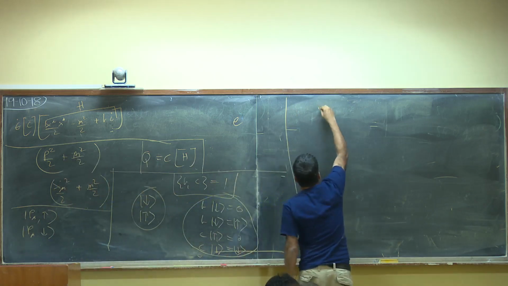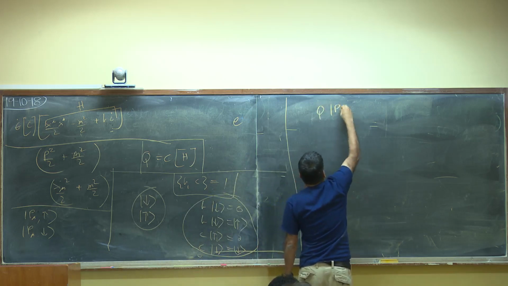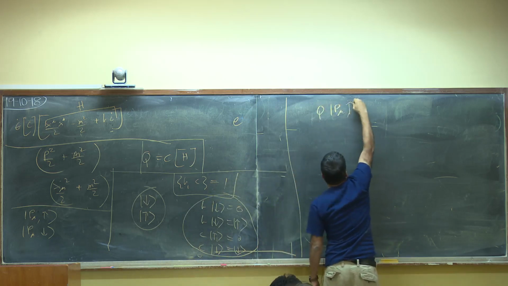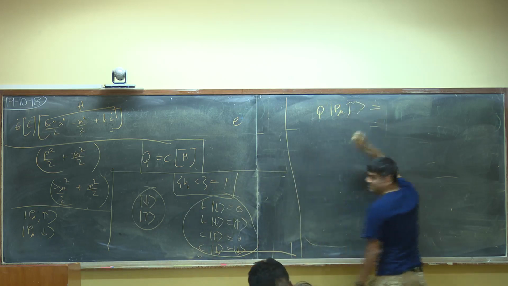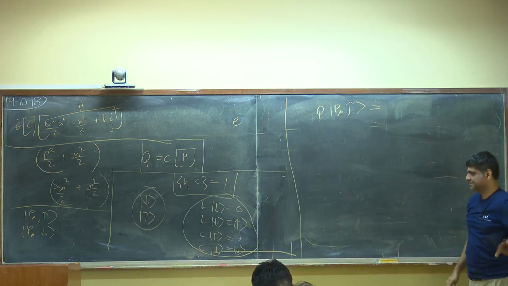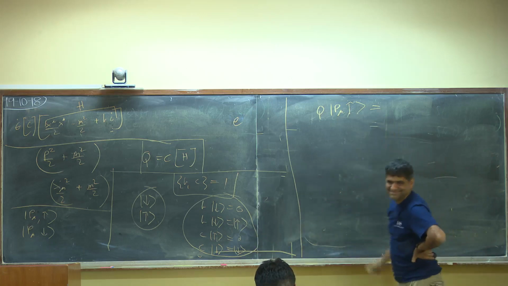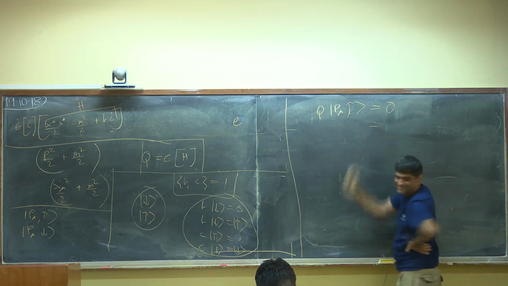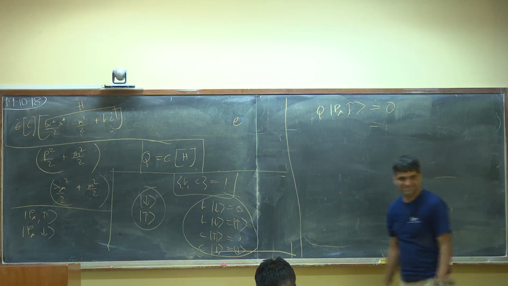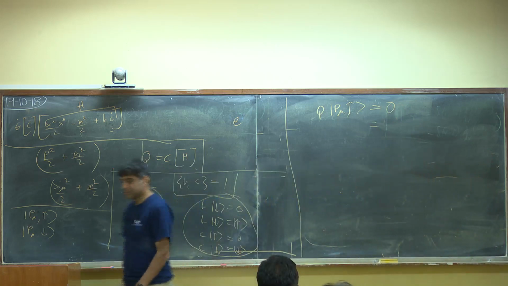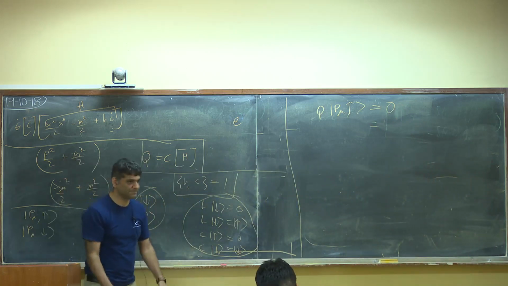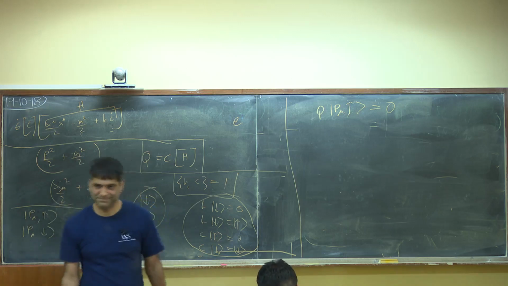So first, Q on P mu up is equal to what? Which is 0. Okay. So all up states are Q closed. That's good.